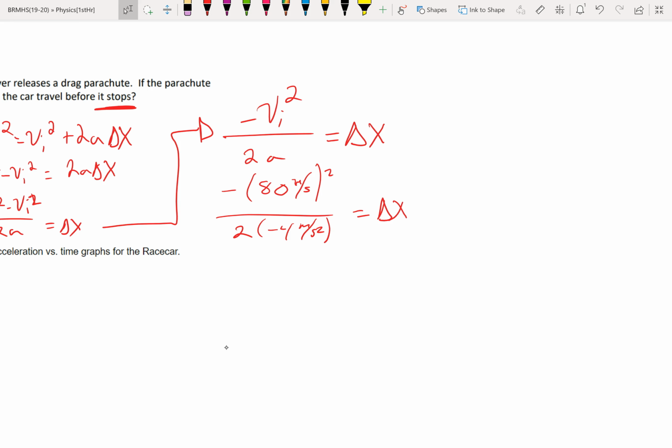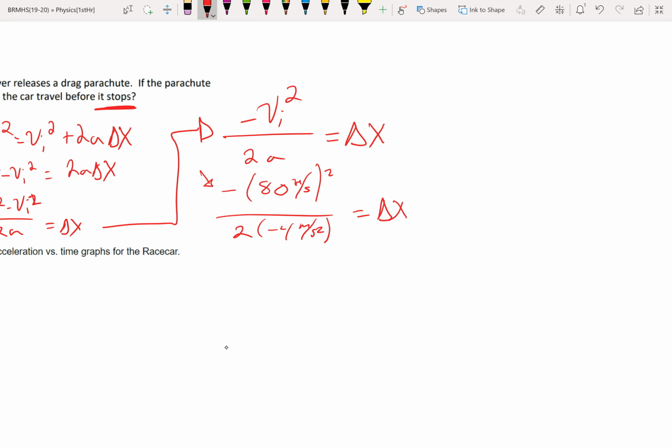Because you're subtracting the square of Vi from 0, which means you get a negative number when you subtract any number from 0, as long as that number isn't originally negative. And if you square it, of course, it's not going to be negative. So just bear in mind this minus sign stays there. Otherwise, you're going to get a plus or minus in your answer that won't make physical sense, which is why you should always go back and think about whether it makes physical sense.